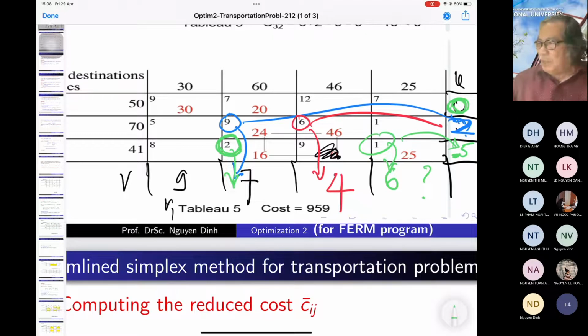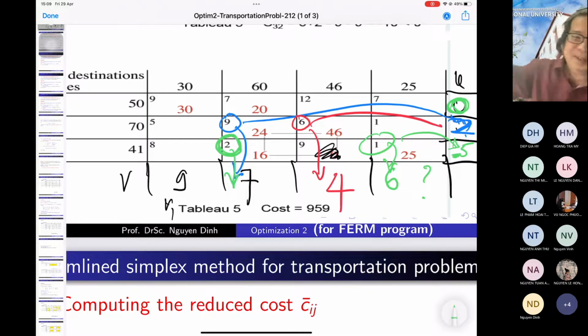But if you set U1 is 1, it's also possible. Nobody says that is wrong. That is still correct. But if you set U1 is 1, then all the other Ui and Vj are different. It's still correct but different.